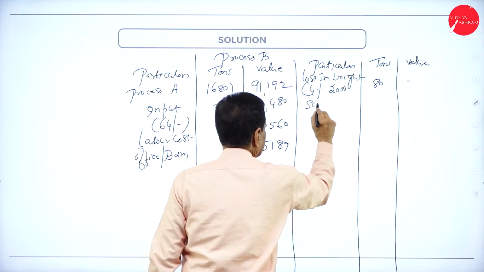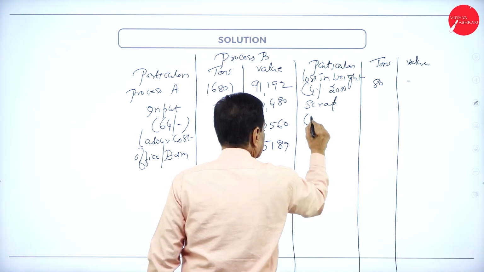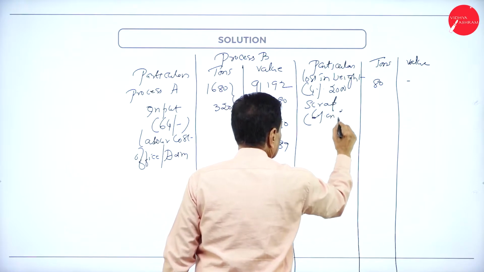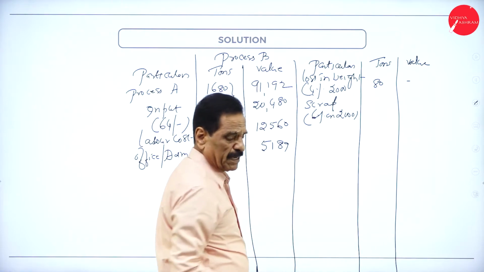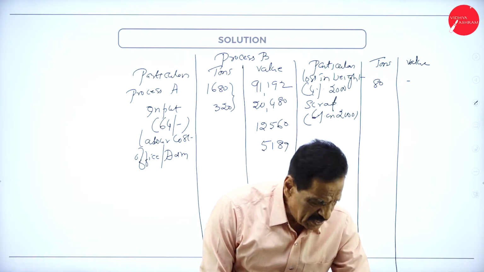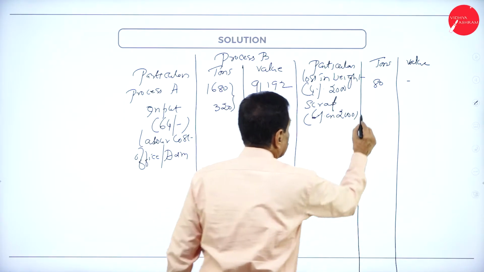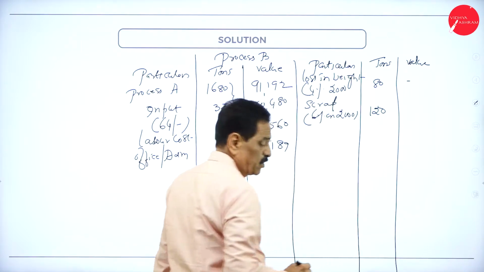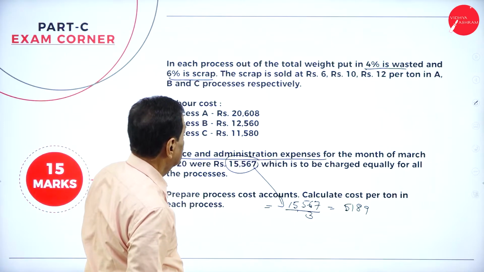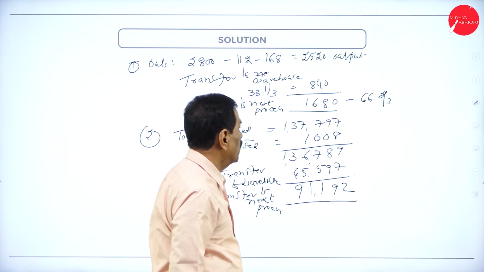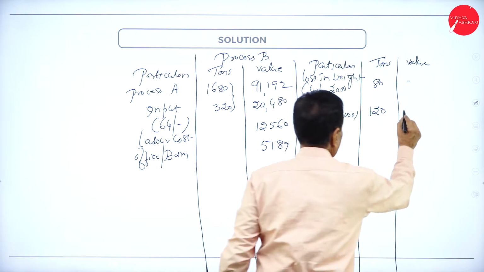By scrap, 6% on 2,000 units, that is 120 units. So your realization value goes to 10 rupees, so 1,200.